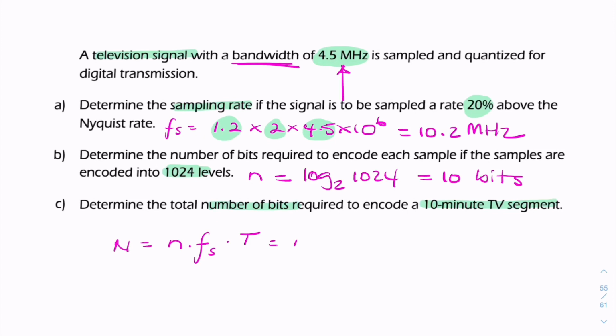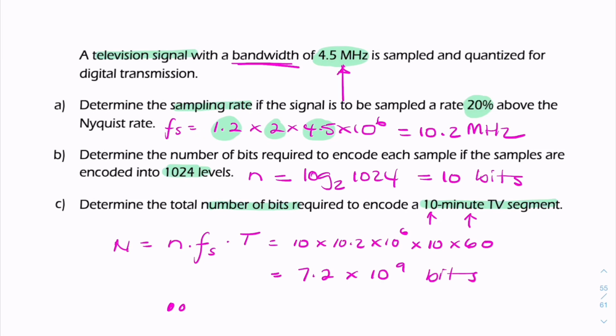So in this case it's 10 multiplied by 10.2 megahertz, so times 10 to the power 6, multiplied by t, which is simply 10. But because it's 10 minutes, you need to multiply by 60. That will give you 7.2 times 10 to the power 9 bits. So that's how many bits you would need, and that is your final answer.